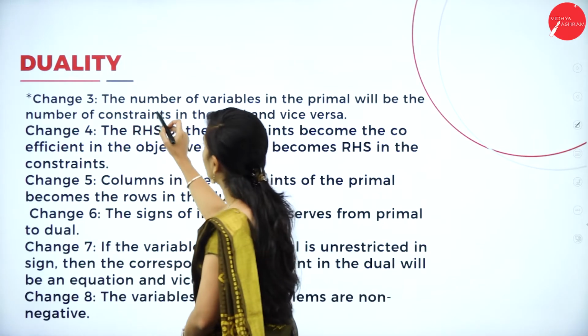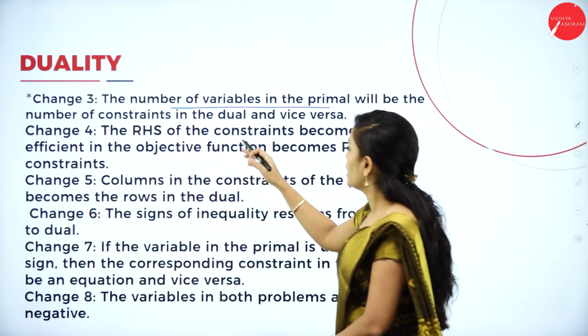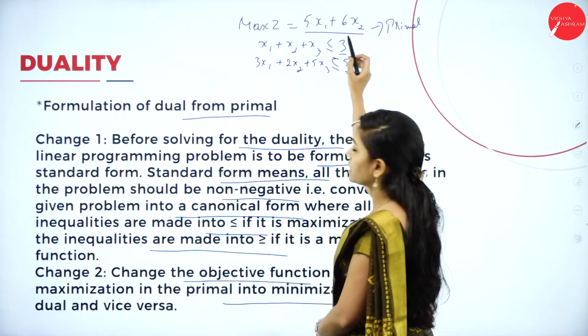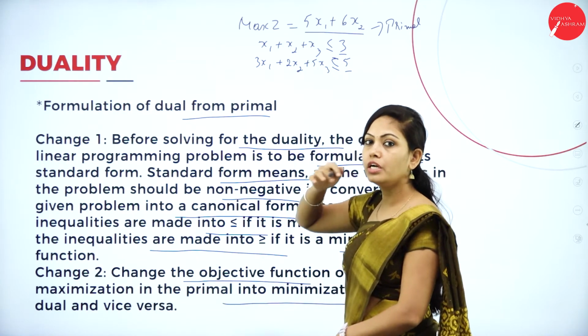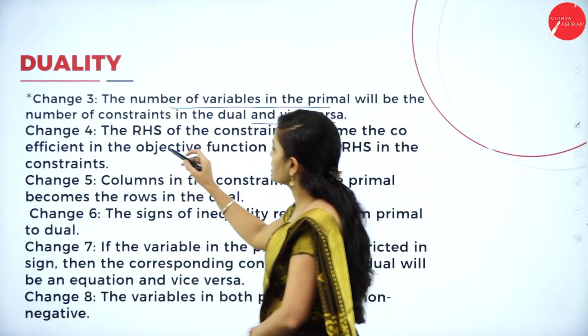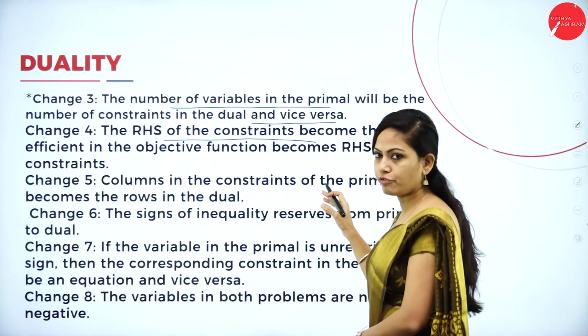And the third step, the number of variables in the primal will be the number of constraints in the dual and vice versa. The number of variables in the constraint will move on to the dual of the constraint. And the next step, the RHS of the constraints become the coefficients in the objective function.